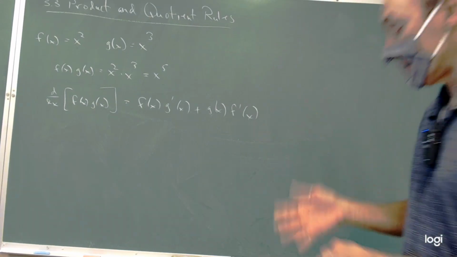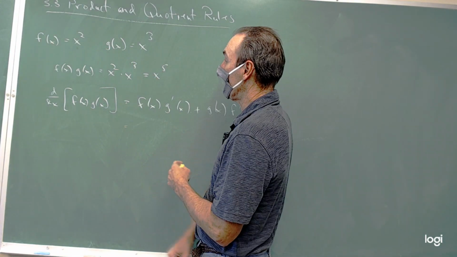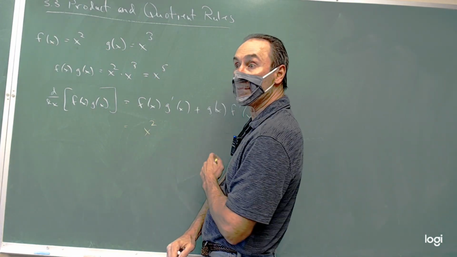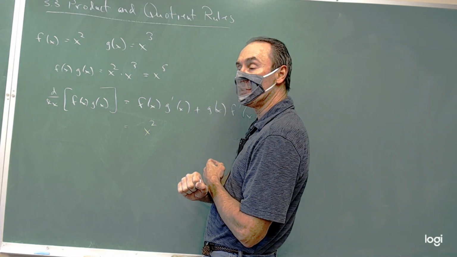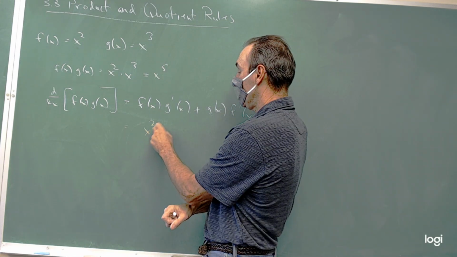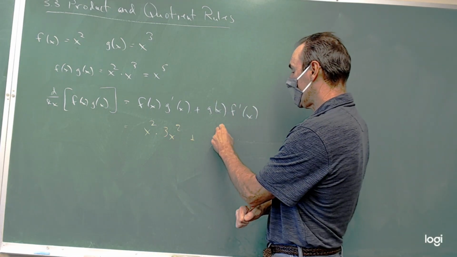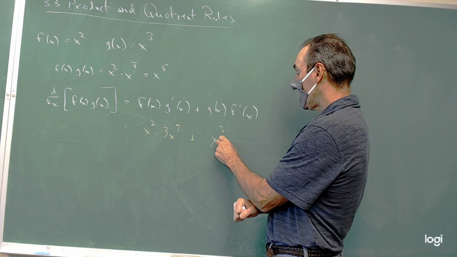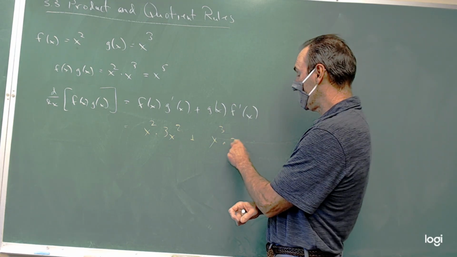Okay, so let's see why it really does work. The first, in our case, we said the first is x squared. The derivative of the second is the derivative of x cubed, which is 3x squared. Now the second is x cubed times the derivative of the first, and the derivative of x squared is 2x.